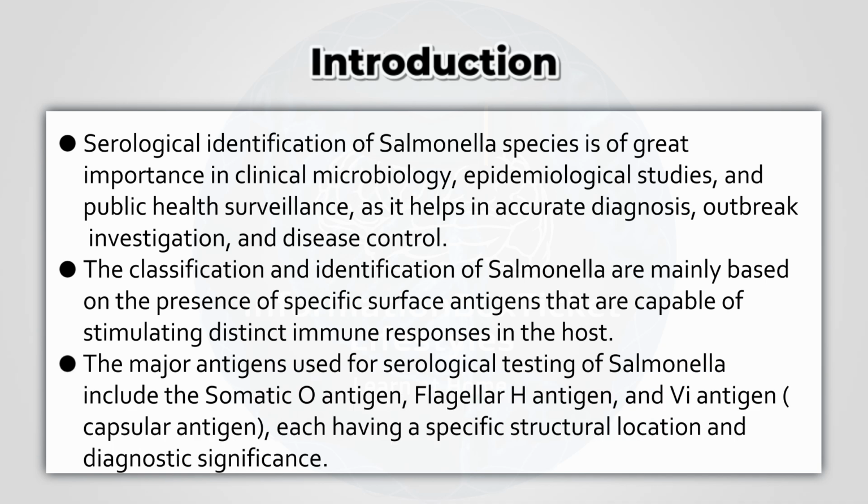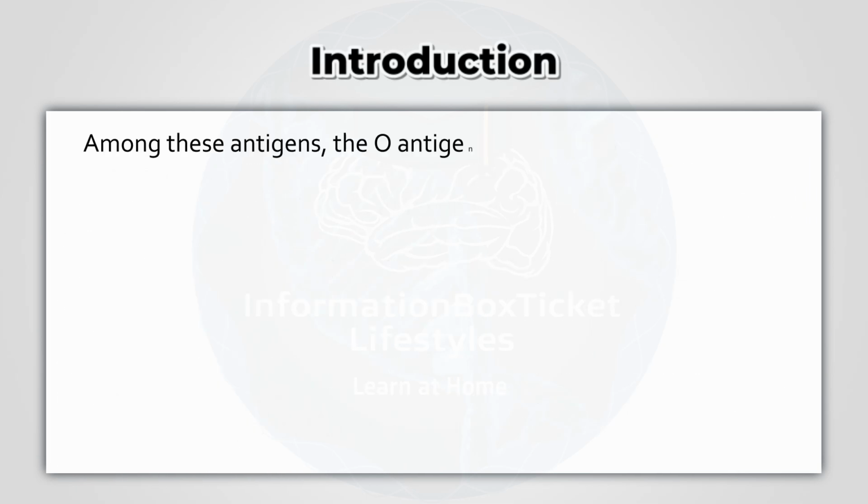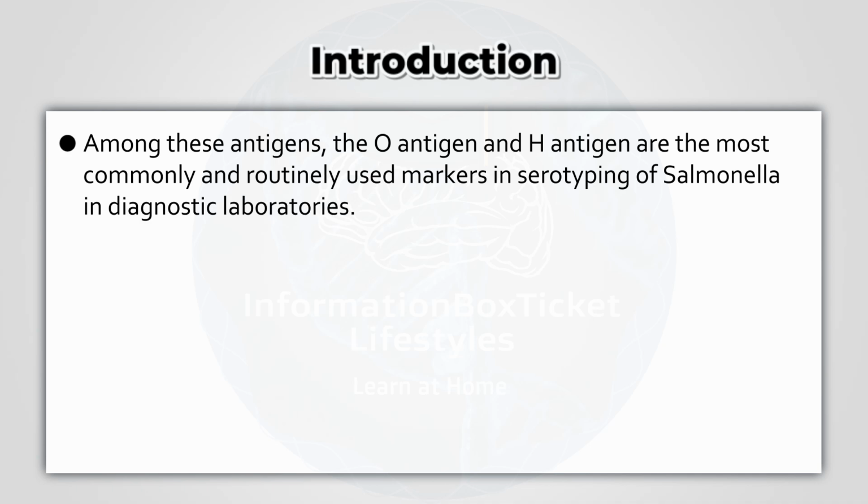The major antigens used for serological testing of Salmonella include the somatic O antigen, flagellar H antigen, and Vi antigen, a capsular antigen, each having a specific structural location and diagnostic significance. Among these antigens, the O antigen and H antigen are the most commonly and routinely used markers in serotyping of Salmonella in diagnostic laboratories.